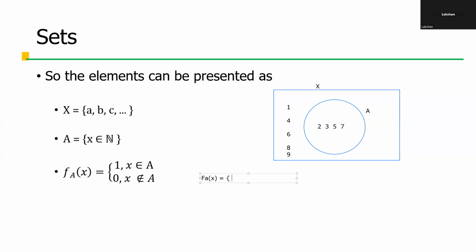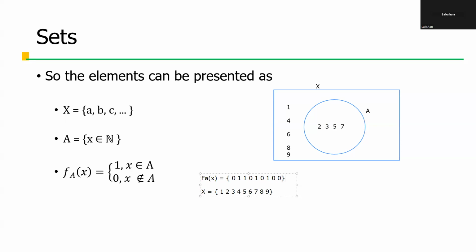Before this, I think it's better to write x so you can see better: 1, 2, 3, 4, 5, 6, 7, 8, 9 belong in the x function. Then we write f_A(x). So 1 is not a prime number. 2 is a prime number. 3 is a prime number. 4 is not. 5 is a prime number. 6 is not. 7 is. 8 is not. And 9 is not.